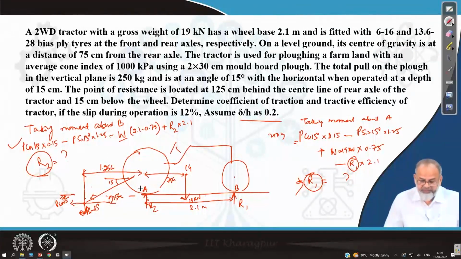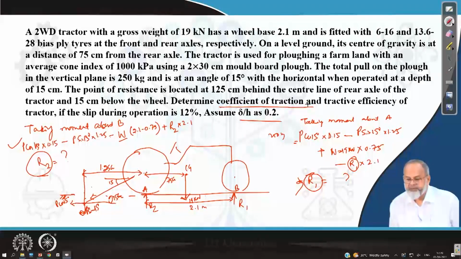Now the next thing is we have to calculate the coefficient of traction. Once you have decided the dynamic weight, calculate the coefficient of traction. For that, you have to take the torque ratio given by Brixius, the coefficient of rolling resistance given by Brixius, and again we have to calculate the mobility number.